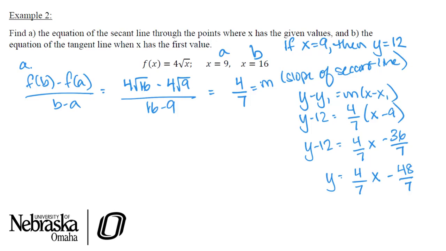Okay, now part B says find the equation of the tangent line where x has the first value, or the equation of the tangent line where x is equal to 9. So we have f of x equals 4 square root of x, and we want to know the slope.